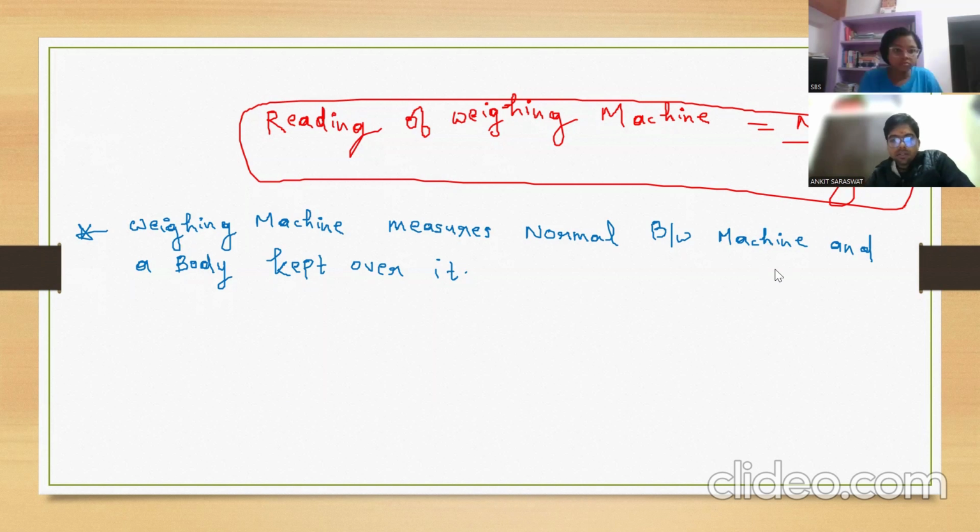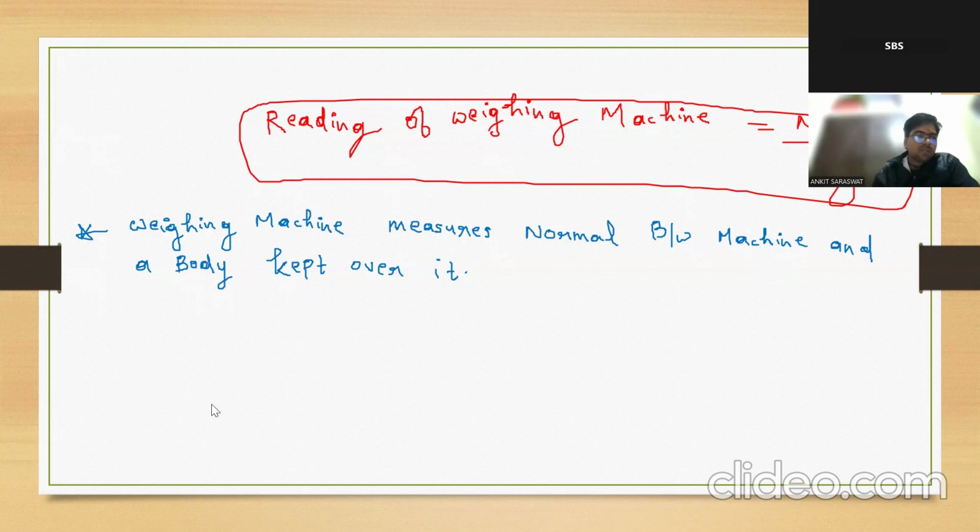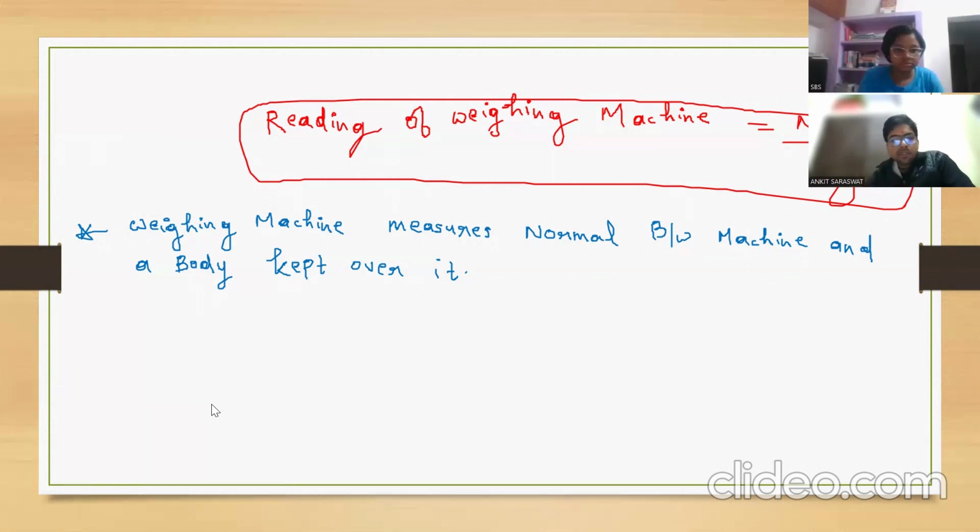That's all. Clear? So reading will be normal by g. With the help of an example, I will explain this topic. Actually, I want to give more practicals, but if you look at such conditions in your daily life, then you have more understanding in physics. Physics is just understanding of nature.